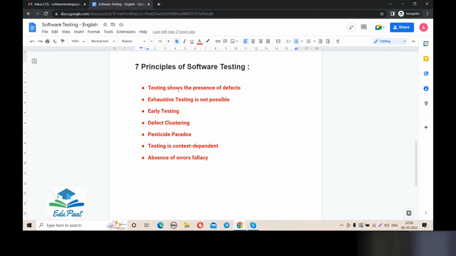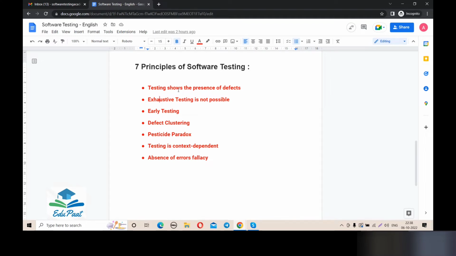Suppose you have to validate the numbers 1 to 100. As testers, we first check 1, 2, 3, 4, 5, 6, up to 100. That is the possible way.